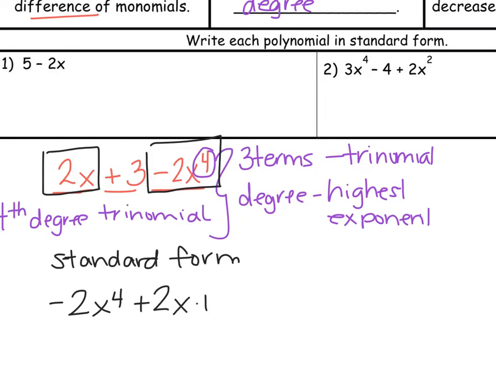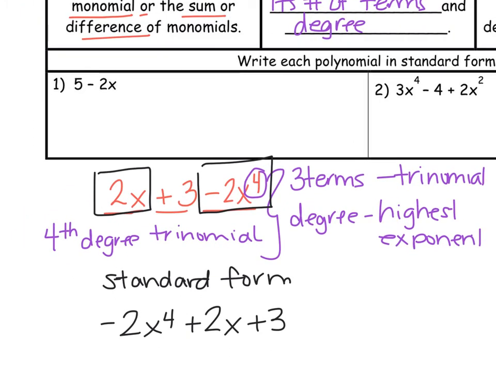And then constants are always last. Always, always, always there on the end, because really that has an exponent of x to the 0. So standard form just means that we are going to write this with its exponents in order from greatest to least, and constants will always go last.